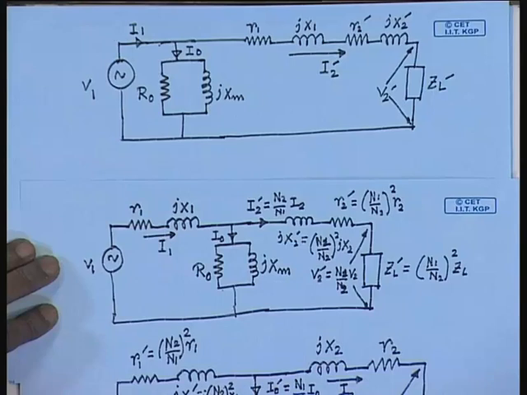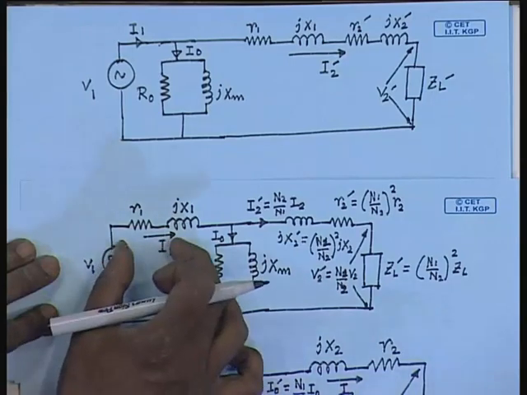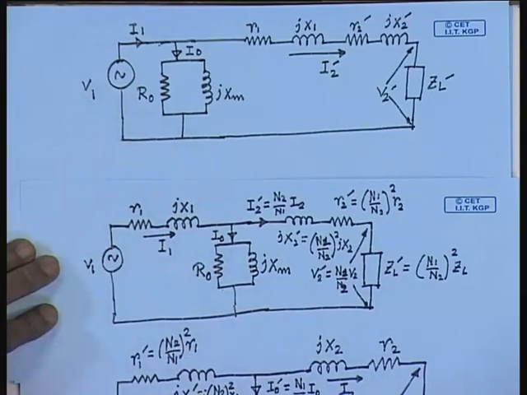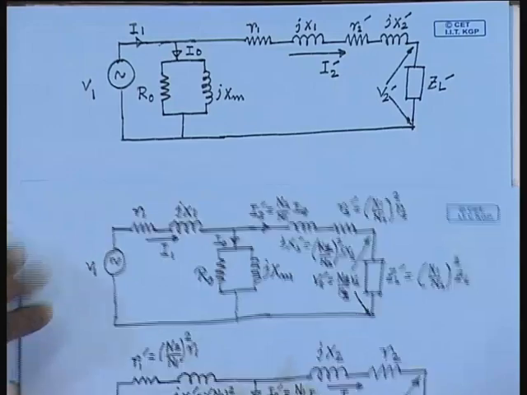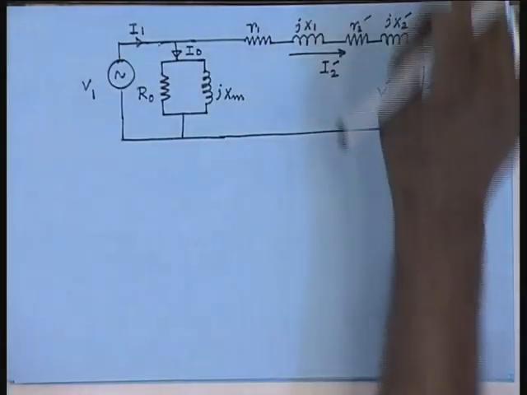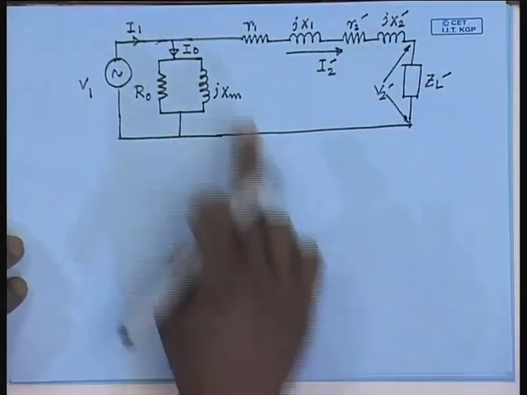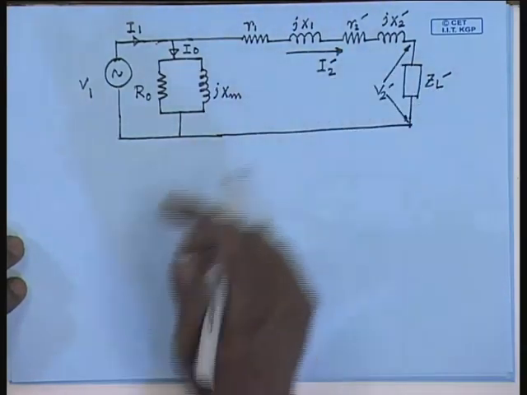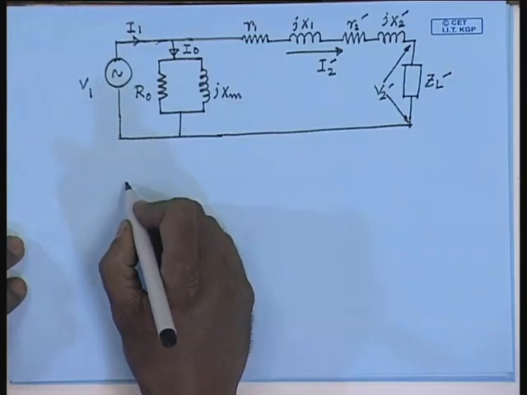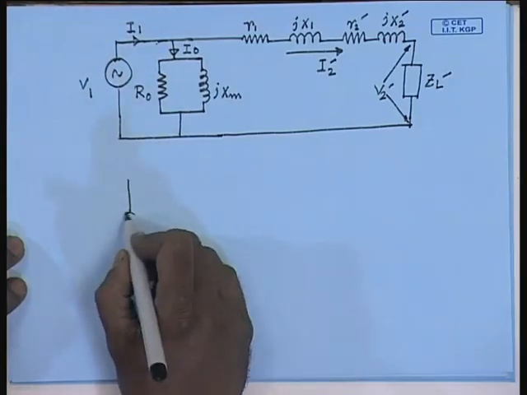The underlying assumption being the drop across the primary winding impedance is very small compared to the total applied voltage. Now, this can be further simplified, and the resistances can be clubbed together and reactances can be clubbed together to give an even simpler form of the same equivalent circuit.